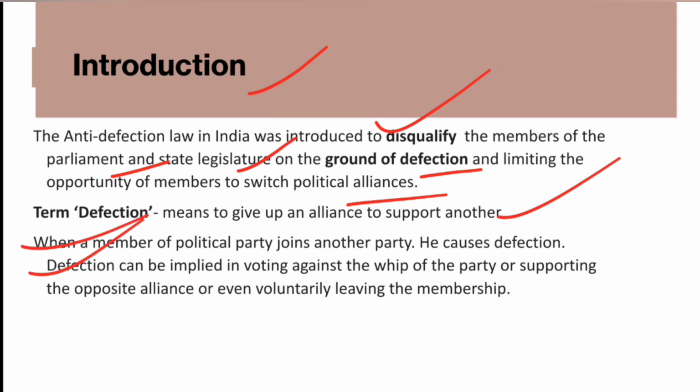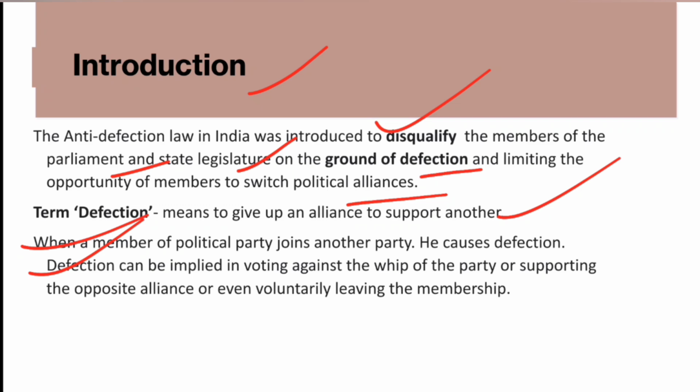But also when a member votes against the whip of the party, as decided by the party members, that every member has to vote according to the decision taken by the majority of the party, and that member violates the whip, there is an implication that he might want to support the opposition, or that some indirect benefit may be availed by the opposition.